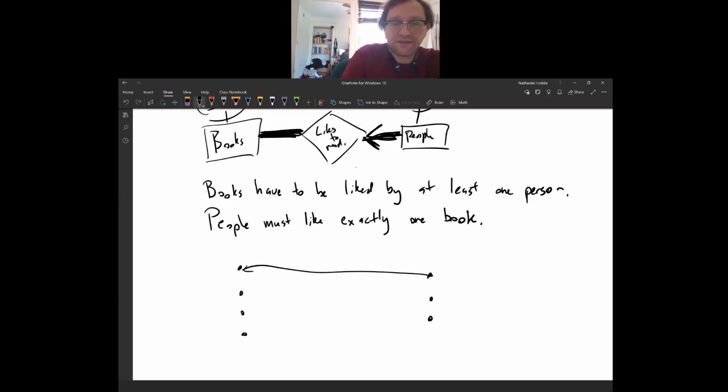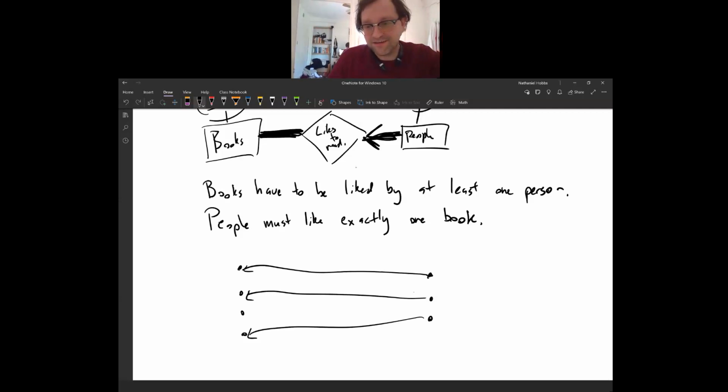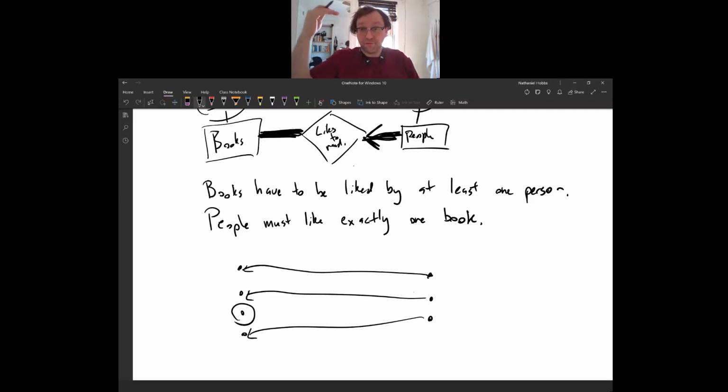So he was saying that even if these people each liked one book, there would be a book left over that isn't liked by anybody, and therefore this is sort of a contradiction, and things don't work. And he's correct that this would be the case, and therefore those 4 books and these 3 people couldn't exist under these constraints.